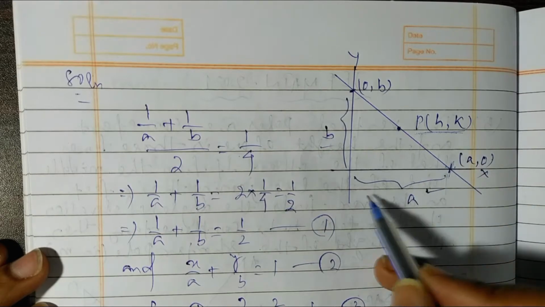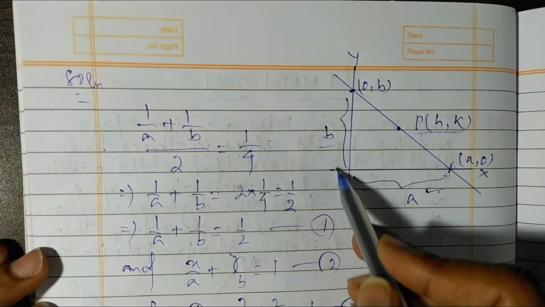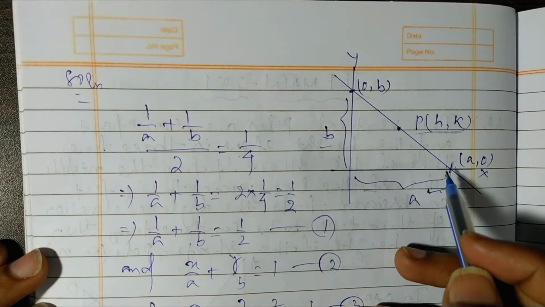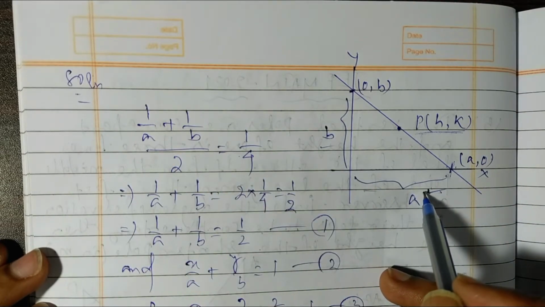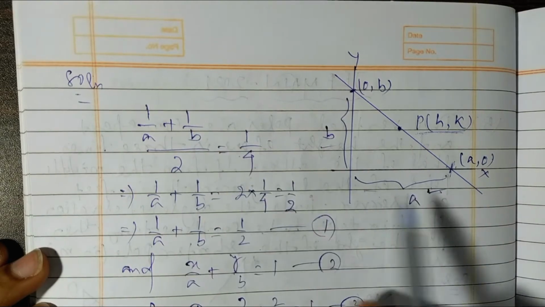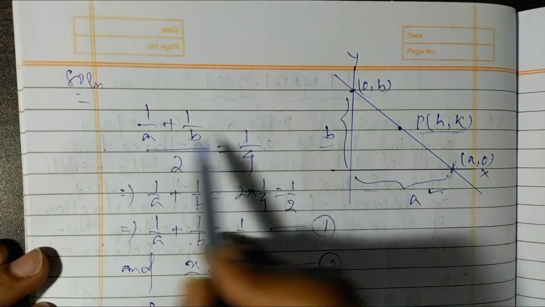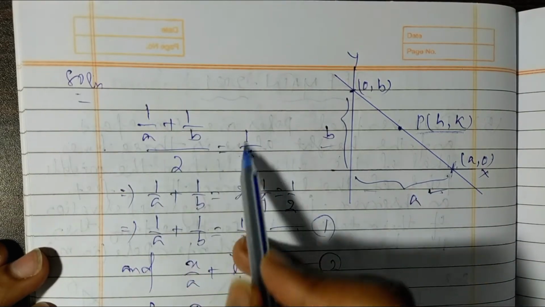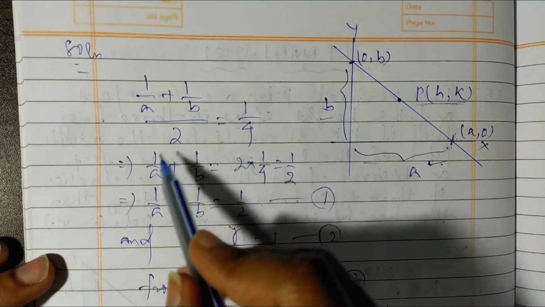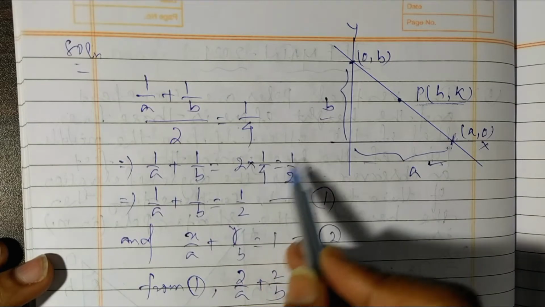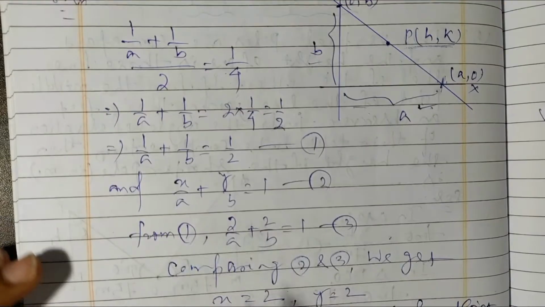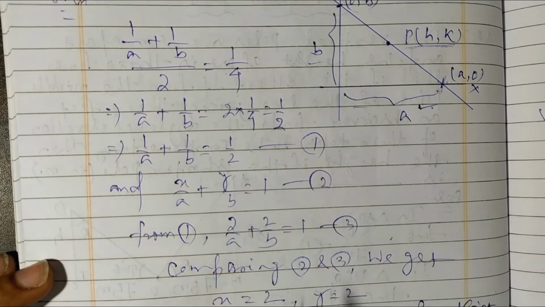The arithmetic mean of the reciprocals of the intercepts, the x intercept A and the y intercept B, means average, so we take (1 by A plus 1 by B) whole divided by 2 is equal to 1 by 4. By cross multiplication, 1 by A plus 1 by B is equal to 2 into 1 by 4, that means 1 by 2.